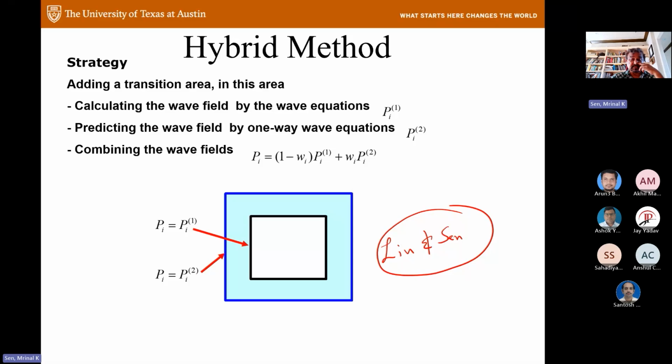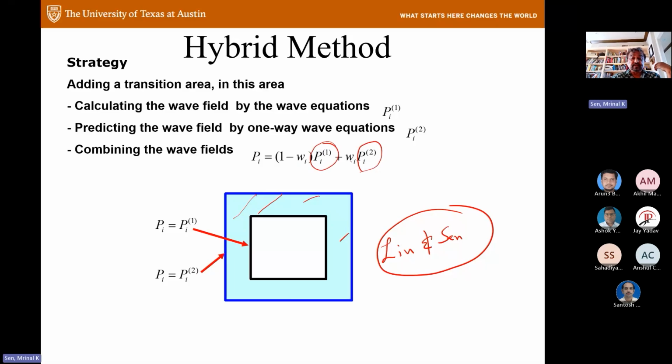Then I suggested to him to combine this damping with the one-way propagator. So what we do here is that we put in a zone, and there we compute the wave field both with the two-way wave equation and the one-way wave equation, and there is a weight term.